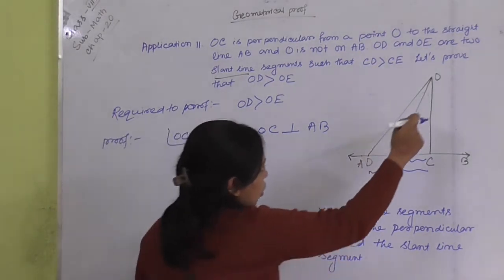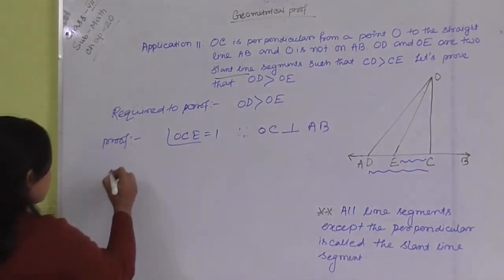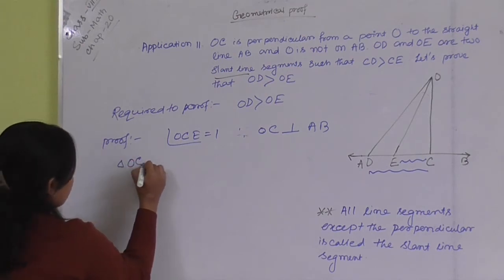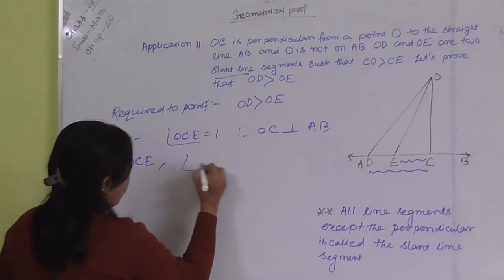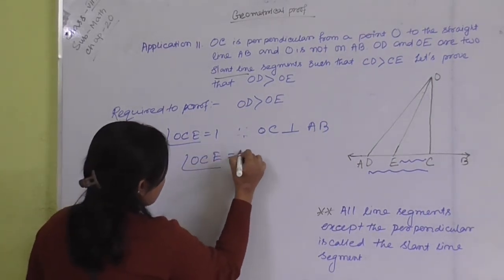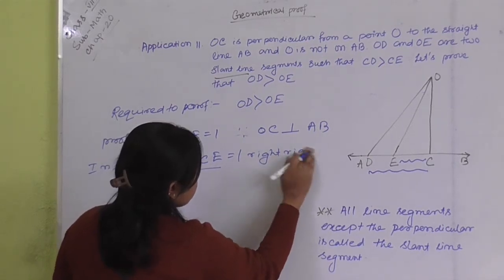So if we consider triangle OCE, in this triangle angle OCE is one right angle, that means 90 degrees.